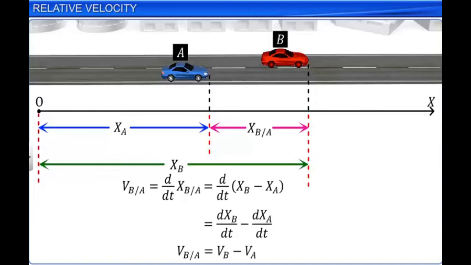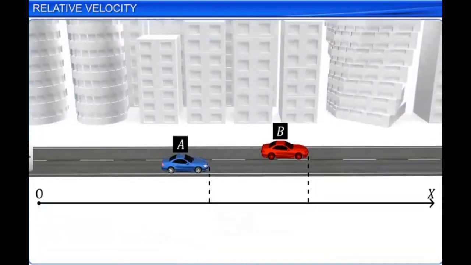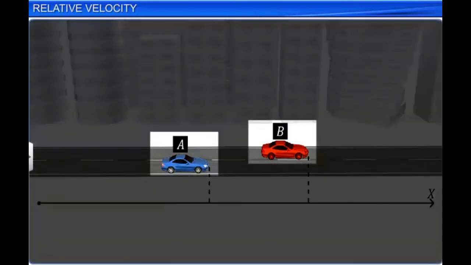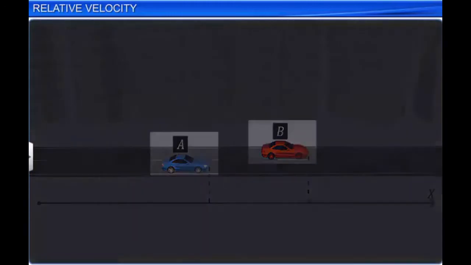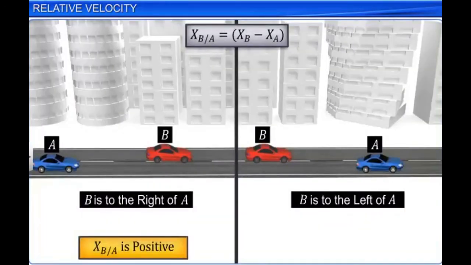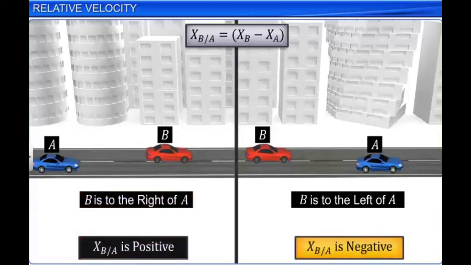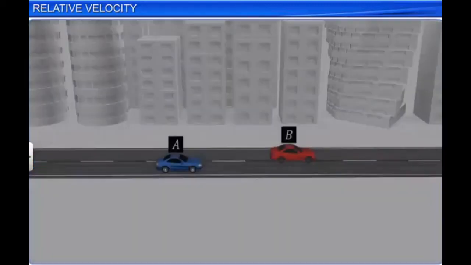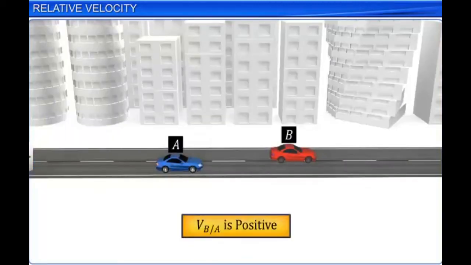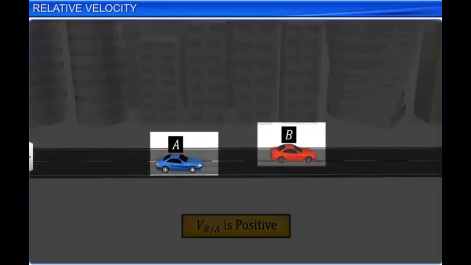Coming to the sign convention, regardless of the position of the origin O with respect to the positions of A and B, a positive sign for xB by A means that B is to the right of A, and a negative sign means that B is to the left of A. A positive sign of vB by A means that when B is observed from A, the motion of B is in the positive direction, that is, rightward direction.